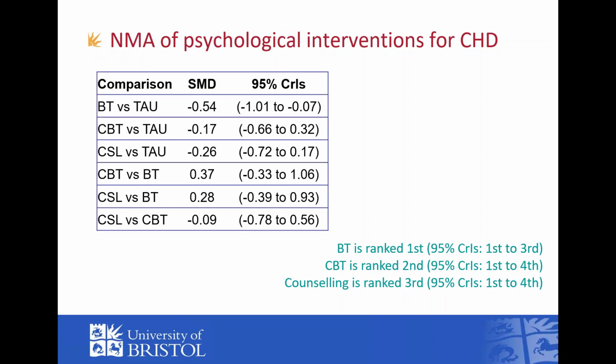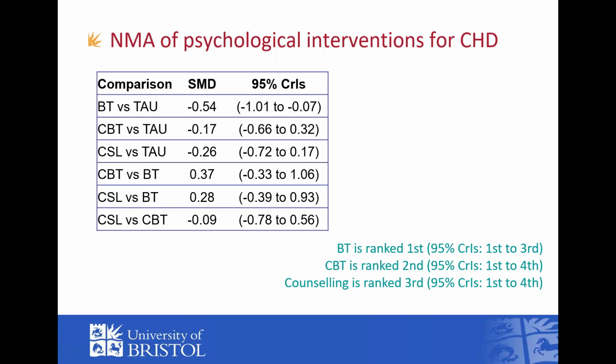So the table that you can see now reports the comparison where the active or the experimental treatment is listed first and the control intervention is listed second, such that VT versus treatment as usual, where our standardized mean difference is negative, that is favoring the first treatment, the active treatment.